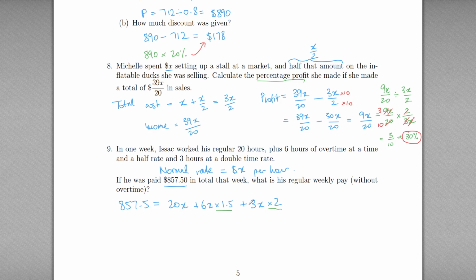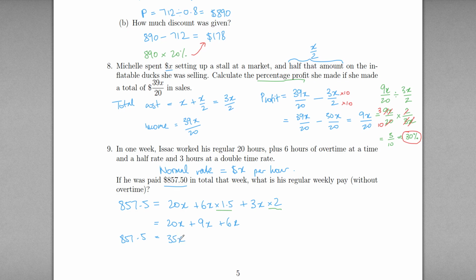Okay, we just got to tidy up the right hand side. There's a whole bunch of x's there, and I'd like to group them all into one. So I've got 20 x's, 6 times 1.5 gives me 9 x's, and 3 times 2 gives me 6 x's. So how many do I have in total? That's 15 plus 20 is 35. 35 x's. Okay, and now that all equals 857.5.